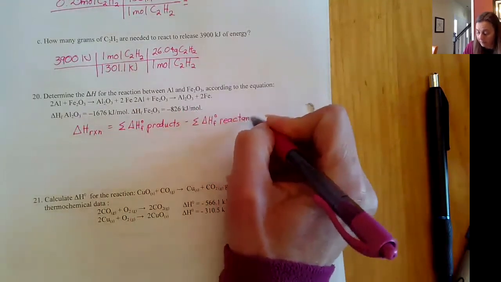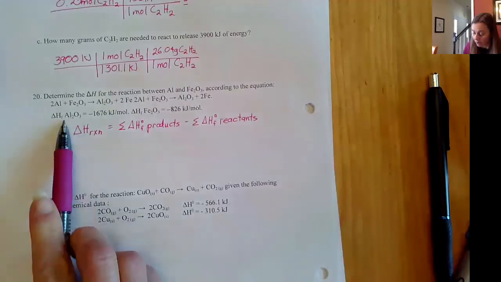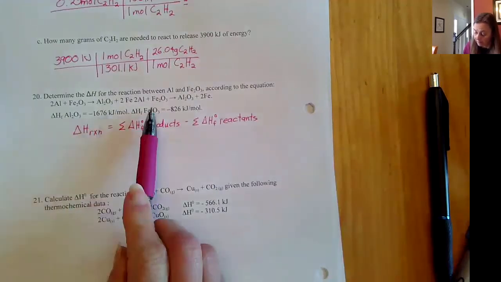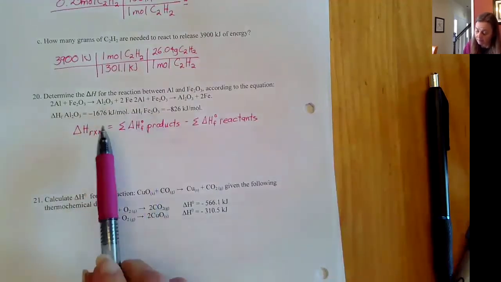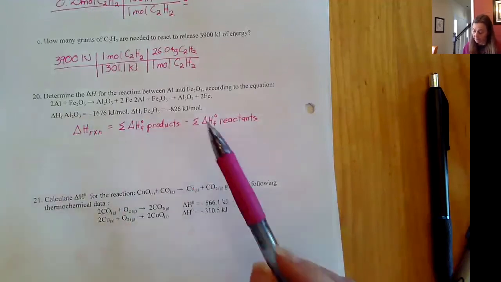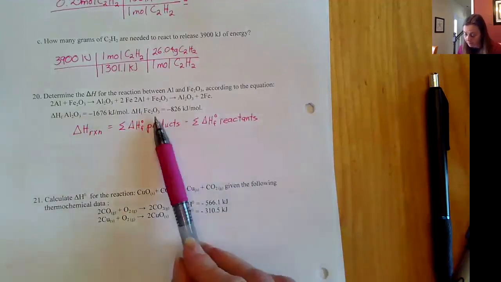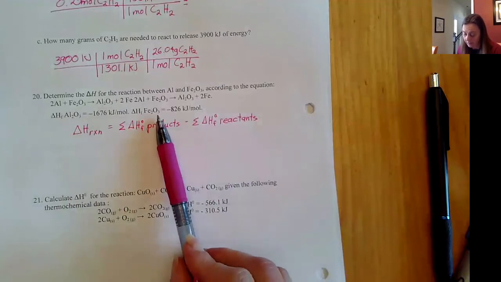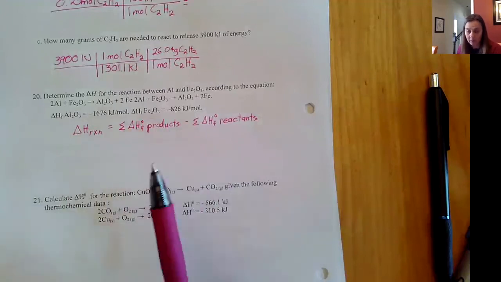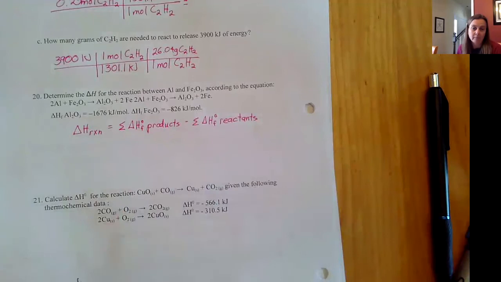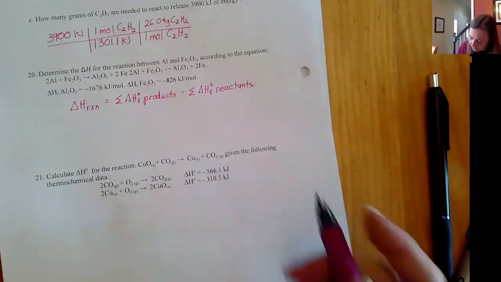We are given the enthalpies of formation of the aluminum oxide and of iron 3 oxide, and the other components are elements. And so we know their enthalpy of formation is 0. Not sure why I have that equation twice, sorry.